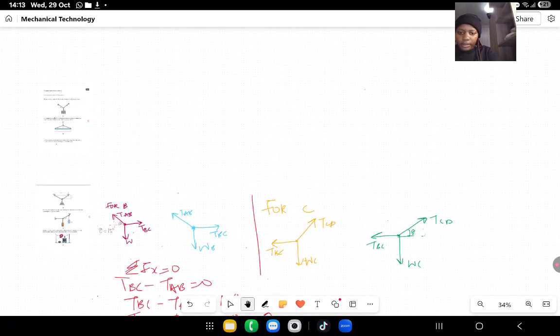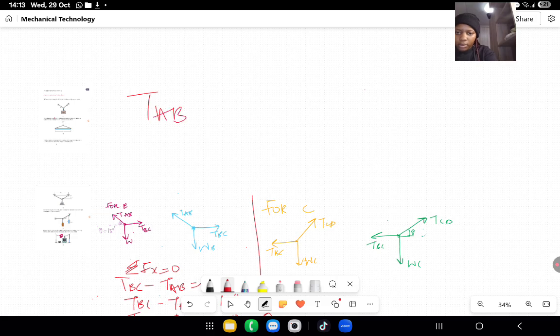Let me write it here: TAB equals 379.03 newtons.